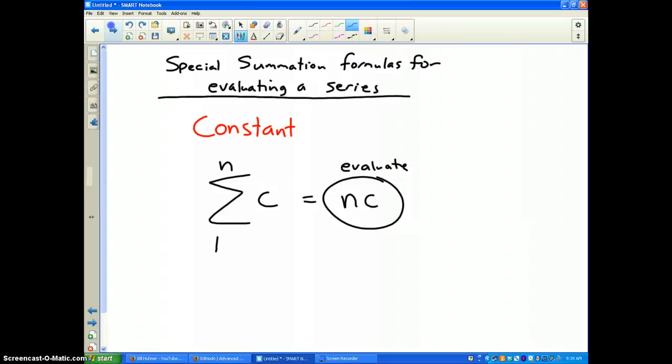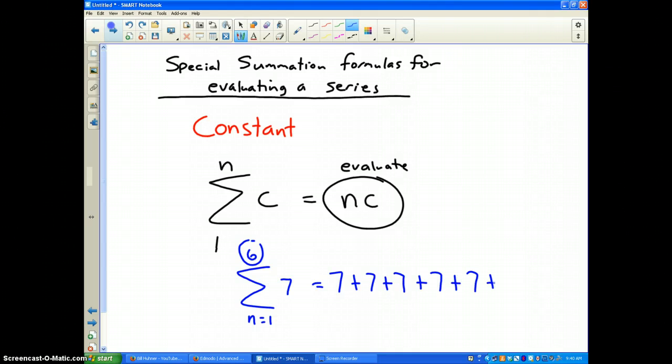Actually, I'm going to do one example here on the bottom. Let's say I had, what's the sum of the number 7 from n equals 1 up to 6? Well, since there's no value n, that means I'm going to write the number 7 six times: 7 plus 7 plus 7 plus 7 plus 7 plus 7.